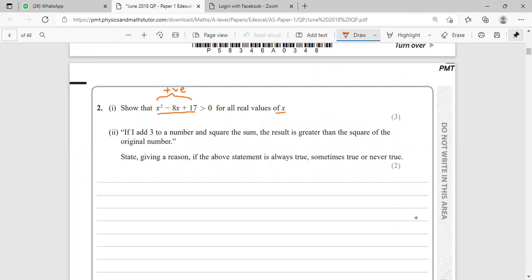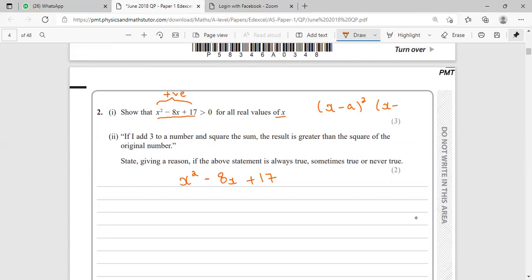Whenever you have a quadratic expression like this one, x squared minus 8x plus 17, we will try to complete the square, because we know that whenever we have something in the form x minus a square or maybe x plus a square, the square of anything is positive. So we have to use the completing square method because we need to show this expression is positive, right?